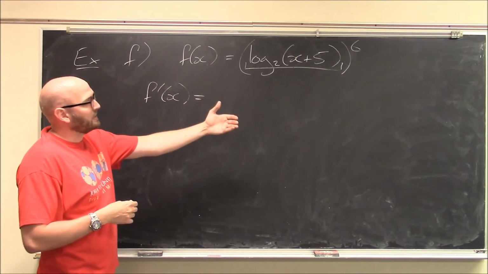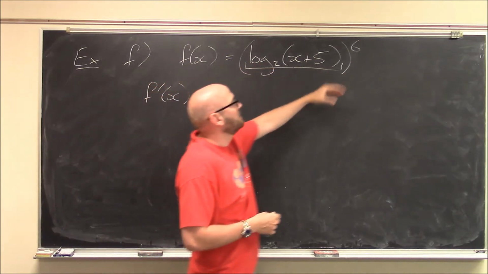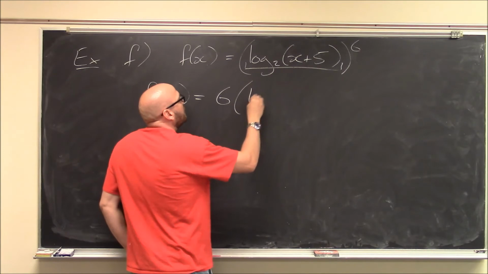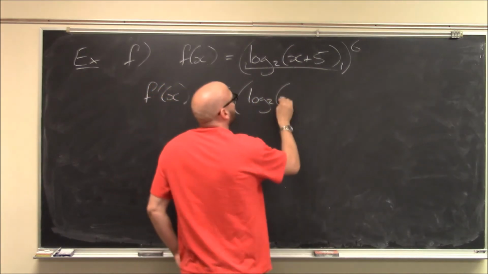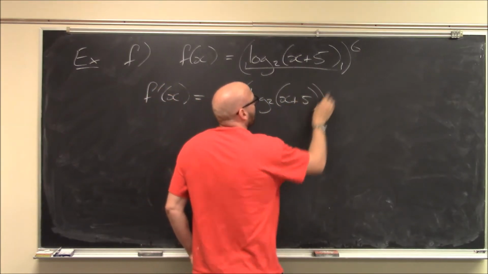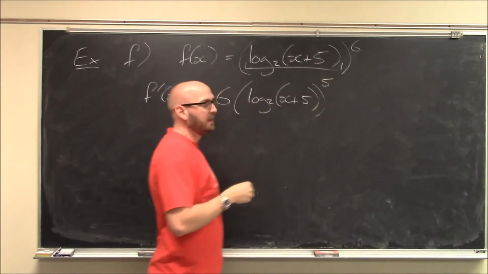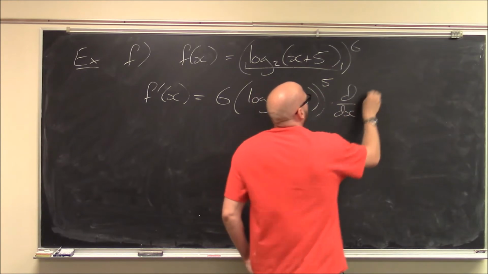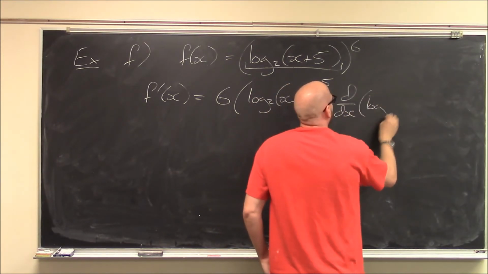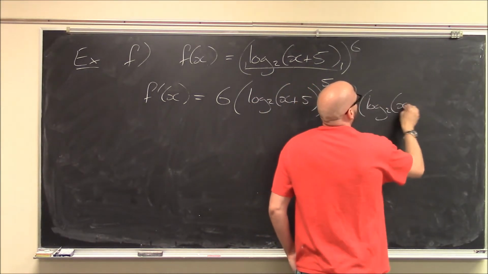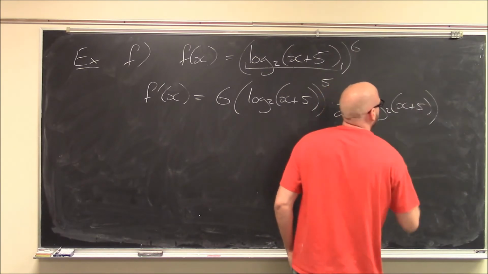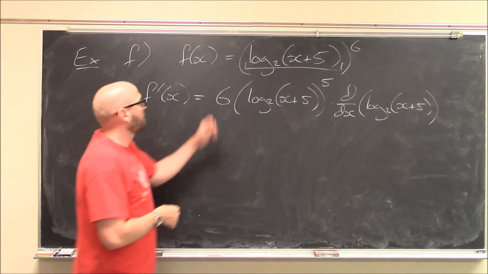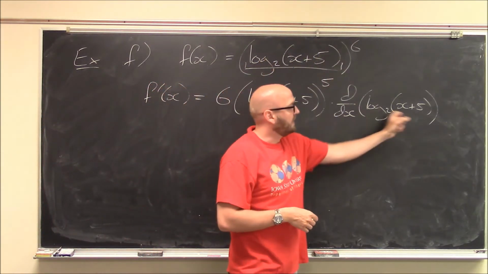So I've got a function raised to the power 6. This is our special case of the chain rule number 1. The derivative will be 6 out front, the inside stays the same, the power lowers by 1, and then times the derivative of the inside, the derivative of log base 2 of x plus 5. Okay, so we've converted this harder derivative of the whole thing down to a simpler derivative.